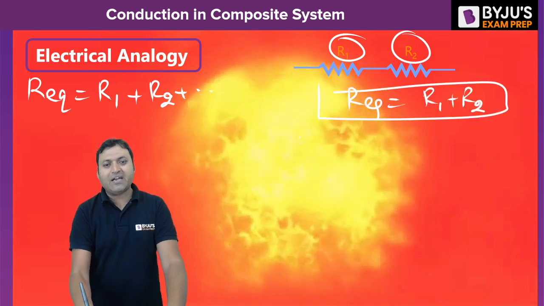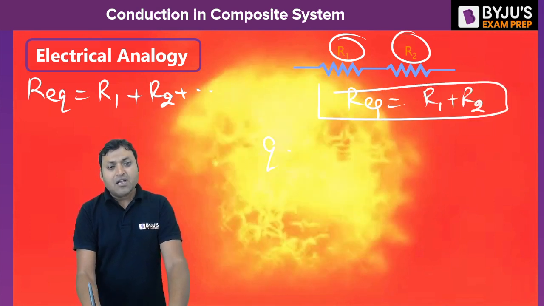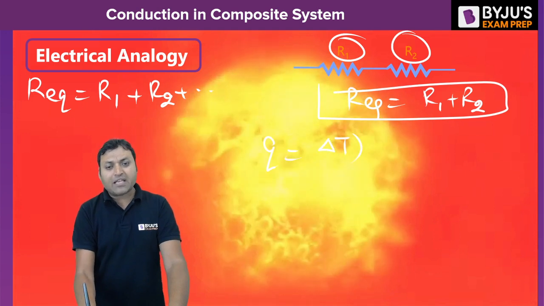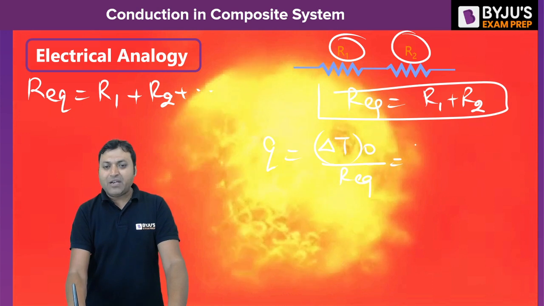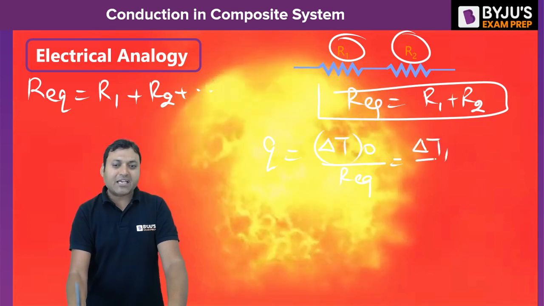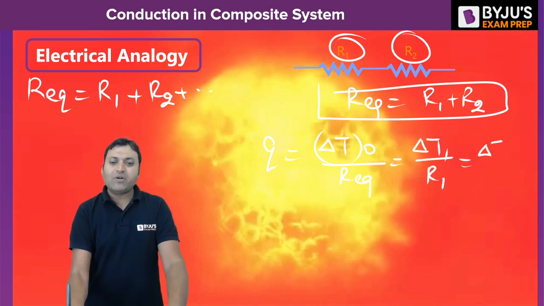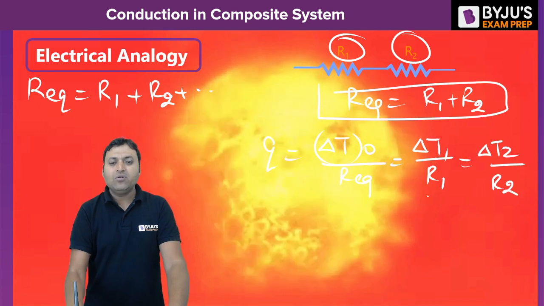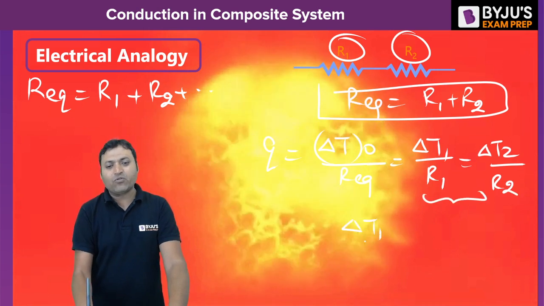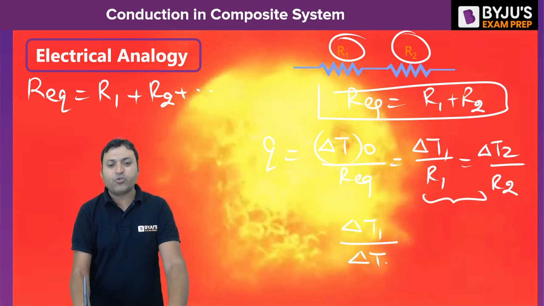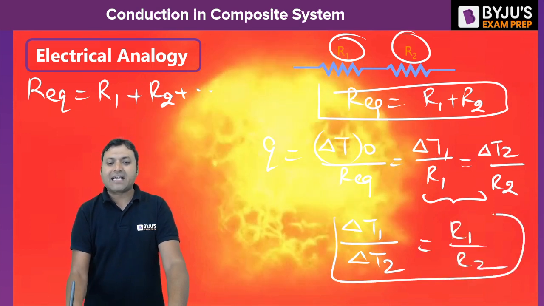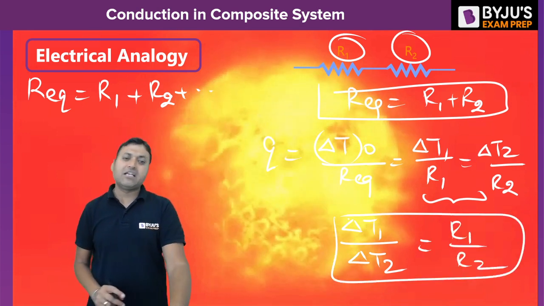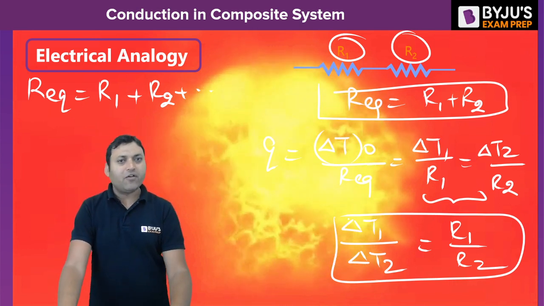That is the equivalent thermal resistance, and we can say Q is equal to overall thermal potential divided by R equivalent, that will be equal to Q1, that is delta T1 upon R1, is equal to delta T2 upon R2. From here we can find the thermal potential ratio across R1 and R2 given by this expression. That is for series combination of resistances.